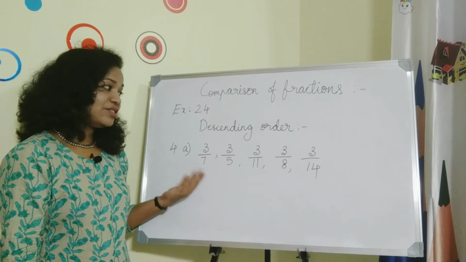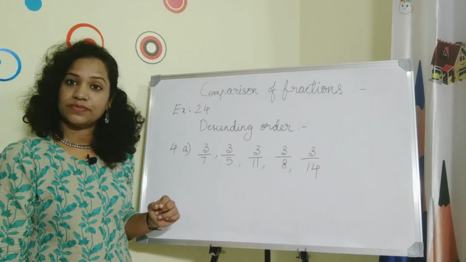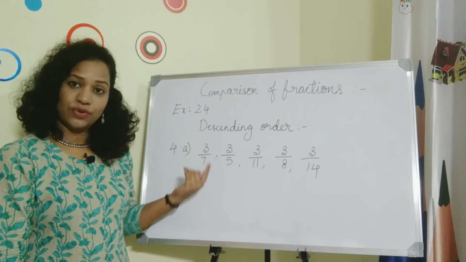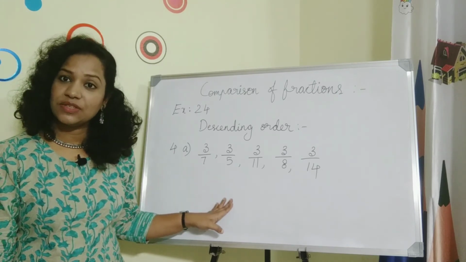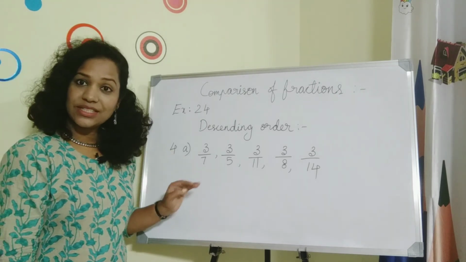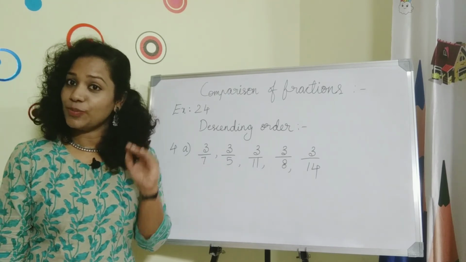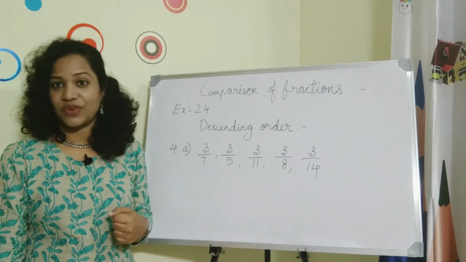So let's arrange these fractions in descending order. That means we have to write the biggest fraction first. Okay, now you tell me which is the biggest fraction here. Let's check the denominators first. The fraction which has the smallest denominator will be the biggest fraction.